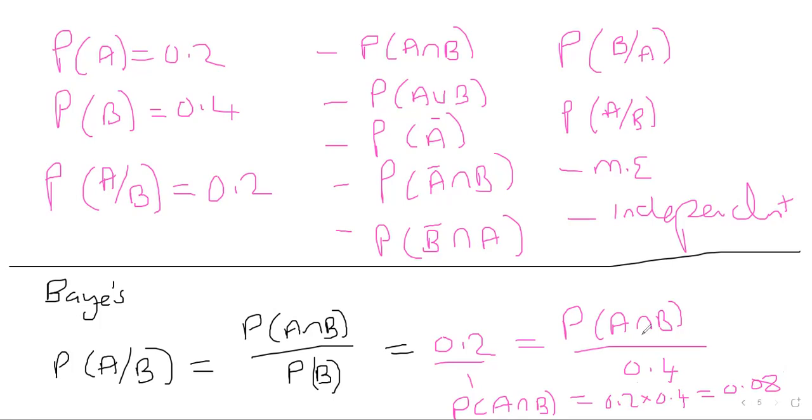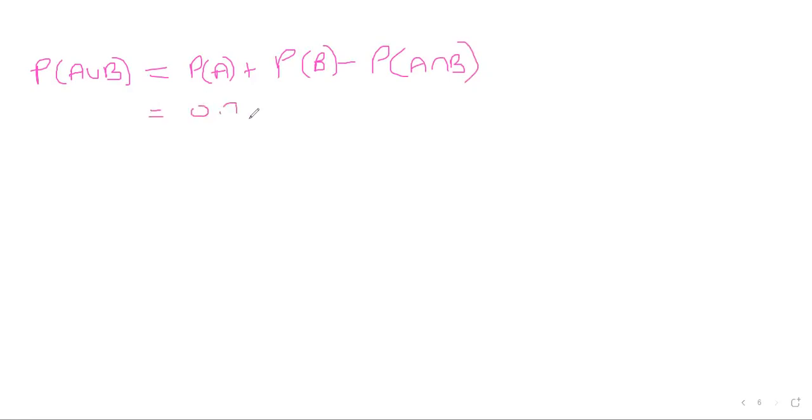Now the second part is the union set. A union set has a well-known formula. Who remembers the formula for union set? Simply probability of A plus the probability of B minus the intersection, A intersection B. So our A is 0.2, our B is 0.4, and the intersection we just calculated.